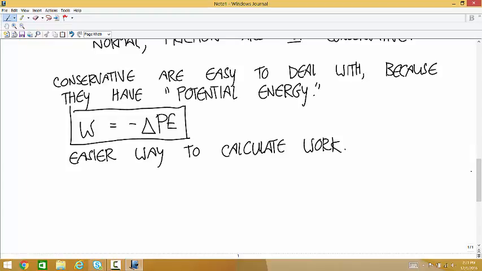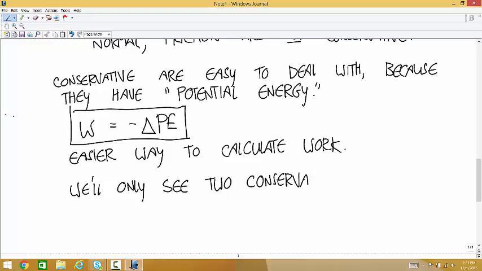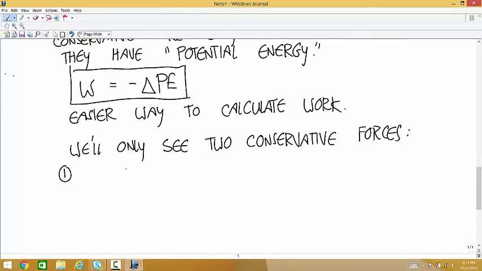In this class, we're only going to deal with two conservative forces. There are other ones, but these are the only two we're going to deal with. The first is the weight.